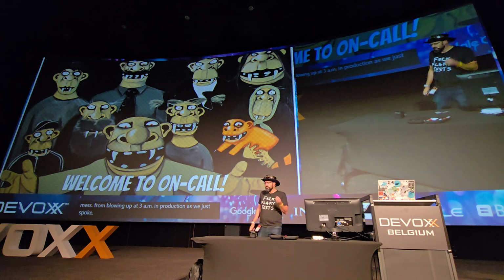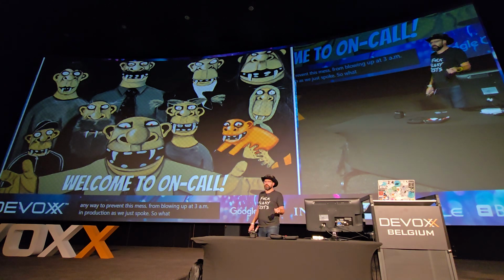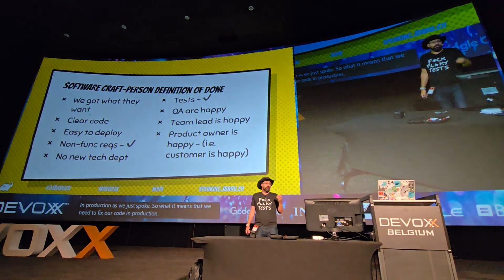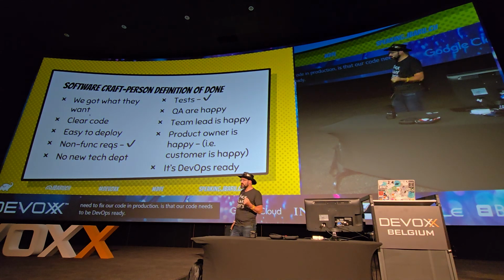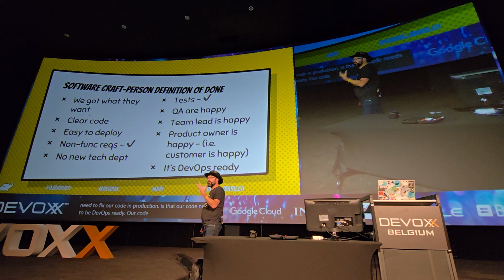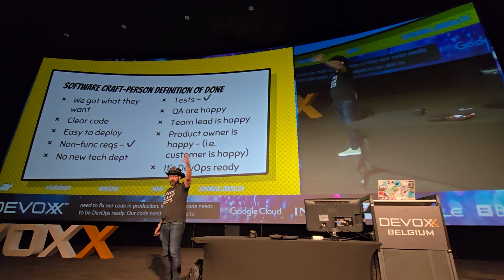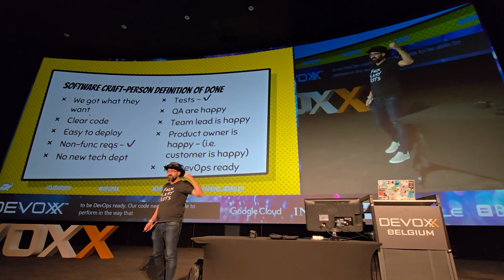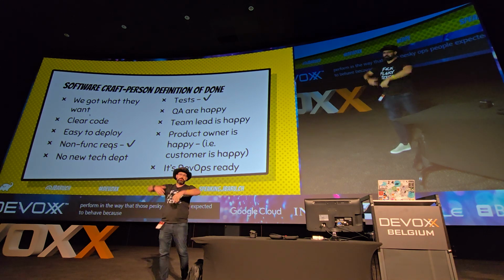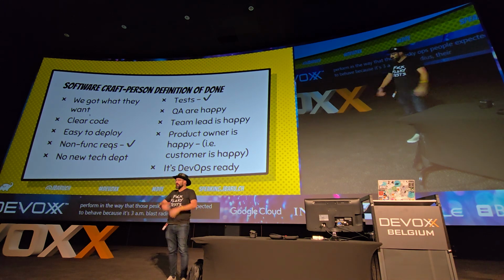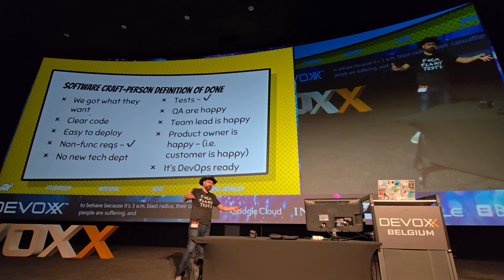So what it means that we need to fix our code in production is that our code needs to be DevOps ready. Our code needs to be able to perform in the way that those pesky ops people expect it to behave, because it's 3 a.m., blast radius, there are casualties, people are suffering, and we need to fix our code.